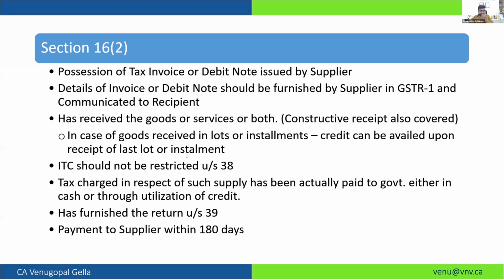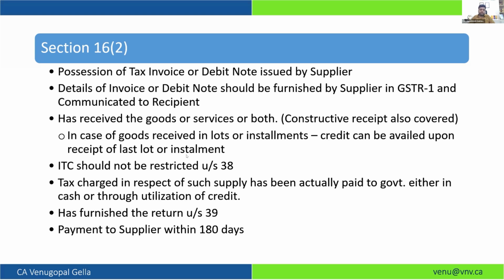And the next condition is that he must receive the goods or services or both. Without the receipt of goods or services, he cannot avail the ITC. In case of goods received in lots or installments, he can avail the ITC only after receipt of the last lot or installment.